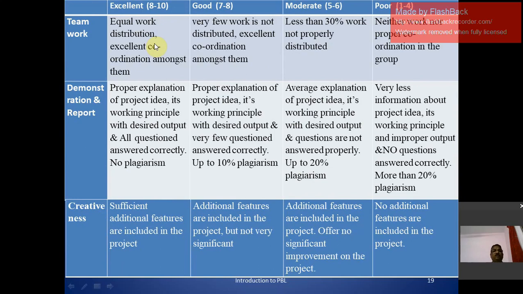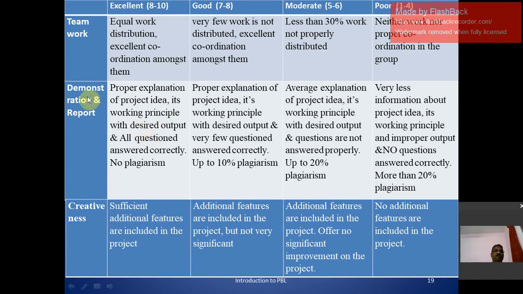In teamwork, excellent means equal work distribution and excellent coordination among them. If very little work is not distributed, it comes under good. If less than 30% of work is not properly distributed, it is moderate. Neither work distribution nor proper coordination is poor.